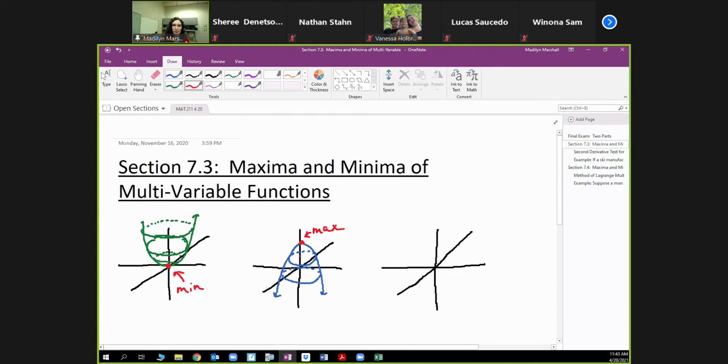There's one more thing that can happen here. And this I'm going to see if I can draw. Okay. So if we have a minimum in one direction, so this would be like a parabola type thing. But now we have 3 dimensions. So if we look at this in another direction, maybe we would have a maximum in that direction.